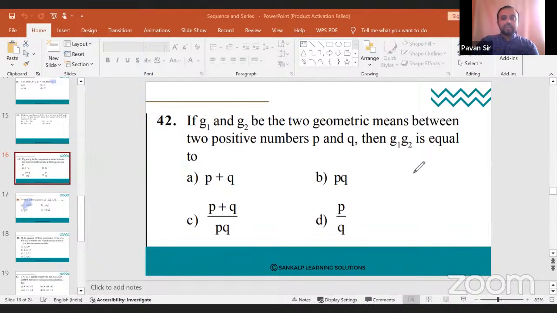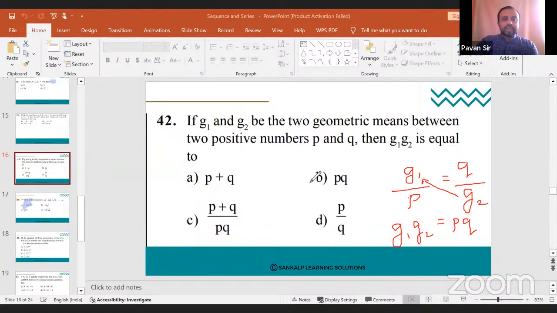You can get G1 by P is equal to Q by G2. So G1 into G2, just like the previous one, cross multiply diagonally: G1 into G2 is equal to P into Q.